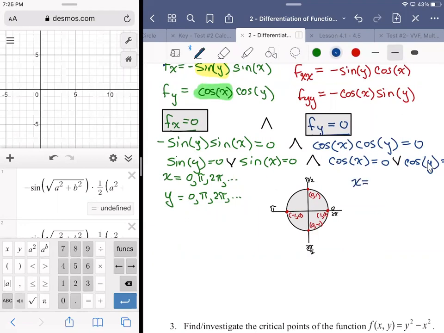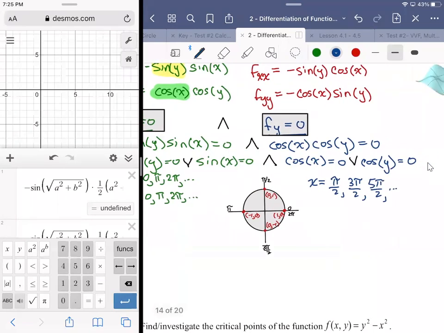So you have x equal pi over 2, 3 pi over 2, 5 pi over 2, anything on the y-axis, and so on. And the same would be true for the y's.